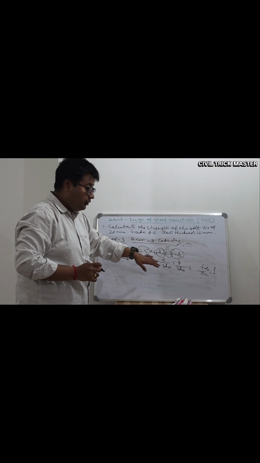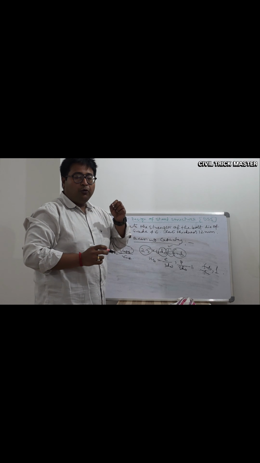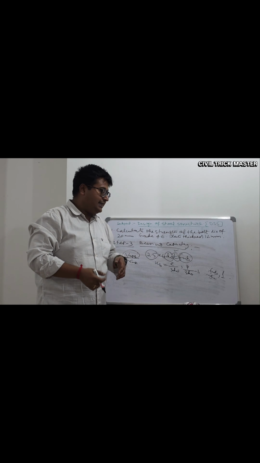From here you can also see what e is and what p is. e is called the edge distance.